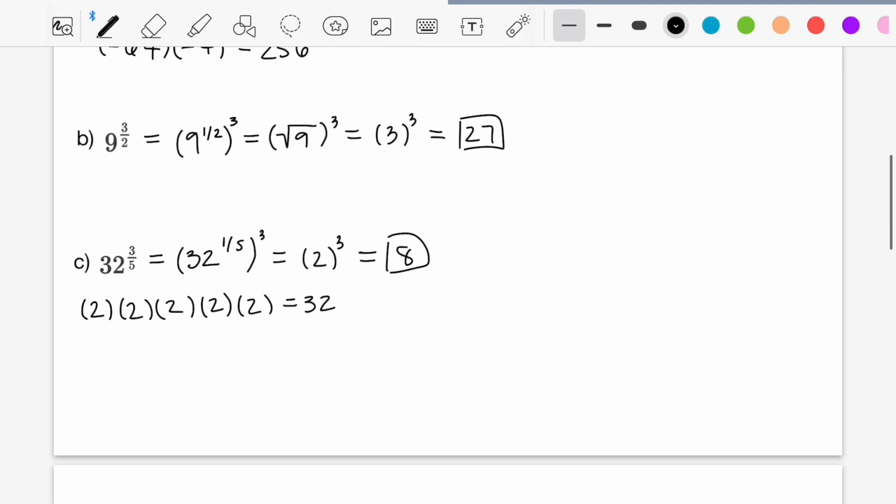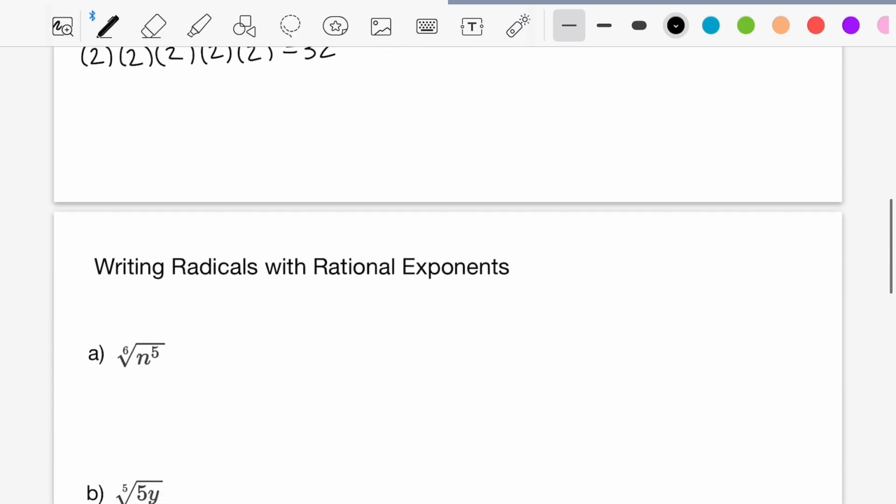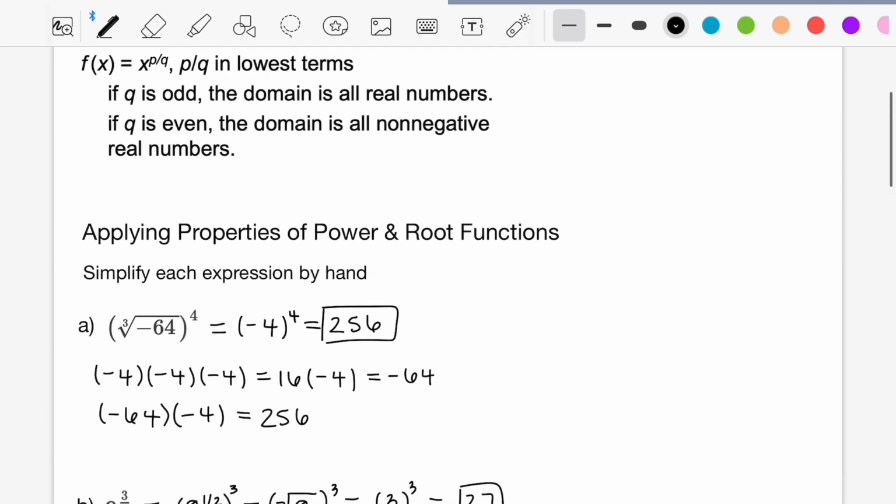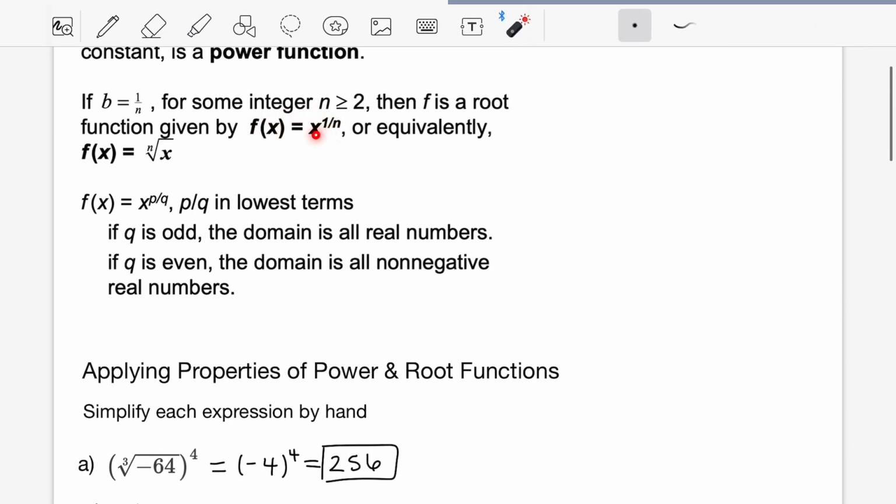Alright, now we're going to switch gears a little bit to rewriting these radical expressions with rational exponents. So let's look at this one. We have the 6th root of n to the 5th power. Well, remember, we can rewrite the nth root as the 1 over 6 power, just by using the fact that these two are equivalent.